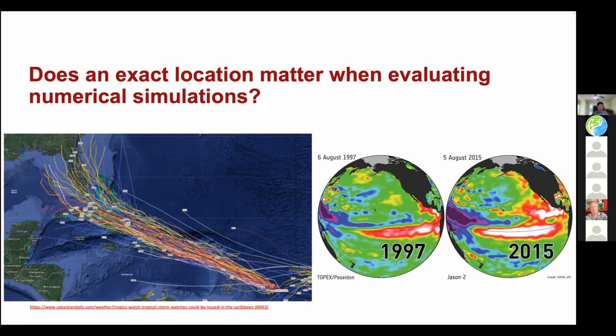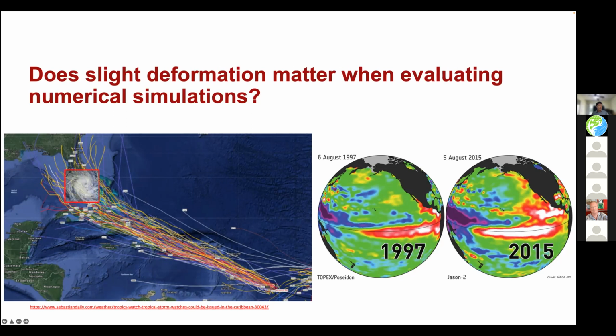If one of these were from a climate model and the other were the observation, we would never say that the model didn't reproduce a realistic El Nino because of the warm pool's location. As you see, the warm pool's location is slightly different from each other.